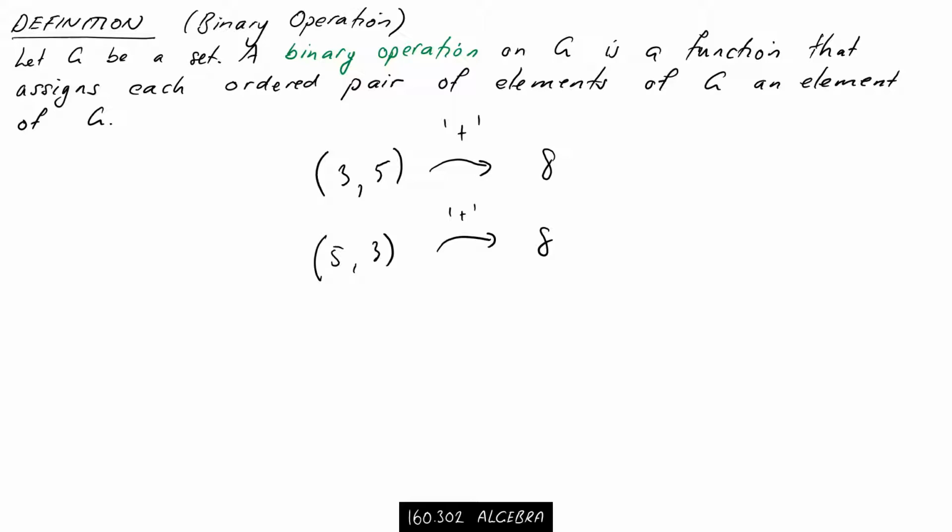The key thing is that it assigns an element of G to the pair. So if G was our set of odd numbers, we cannot have plus being a binary operation because plus does not assign to the numbers 3 and 5 an element of G. It doesn't assign an odd number to it. Normally we'll just write 3 plus 5 equals 8, but we'll bear in mind that this plus operation is taking in 3 and 5 and spitting out the number 8.